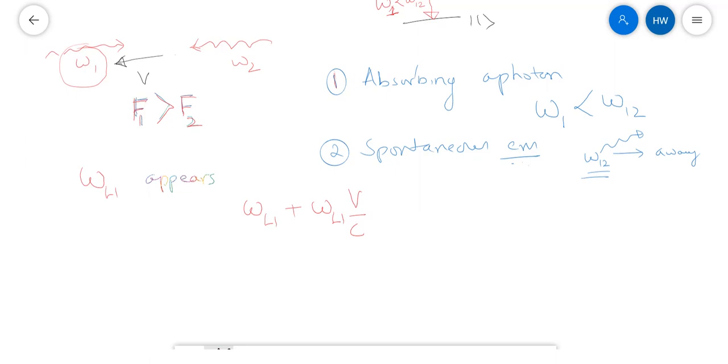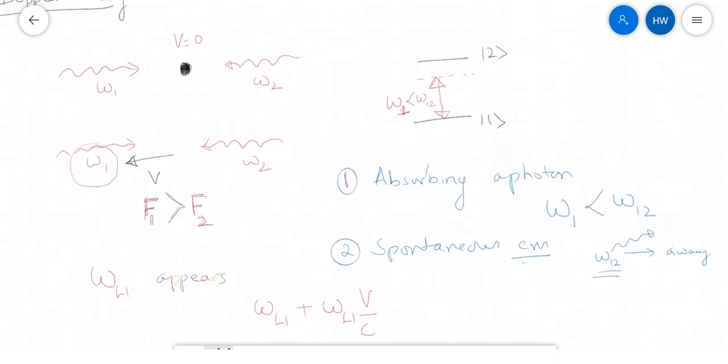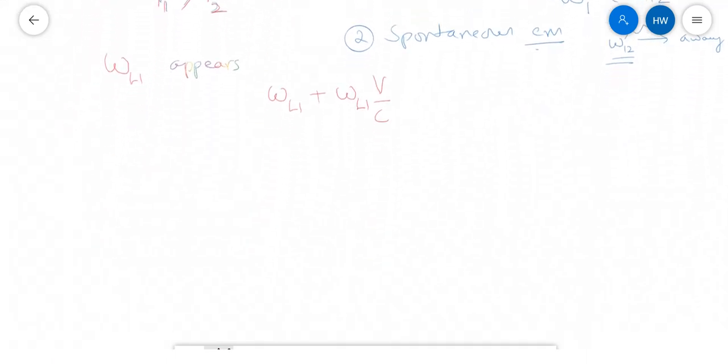So this obviously is closer to resonance than the original omega L1 which we had chosen. All right. So what you have is basically a force that is proportional to velocity. I can write it in another manner, that this force is actually minus alpha, as in some sort of frictional coefficient, times velocity.